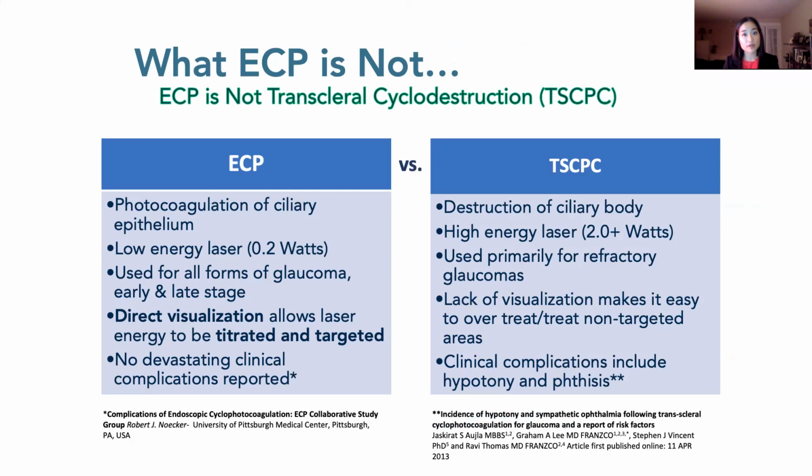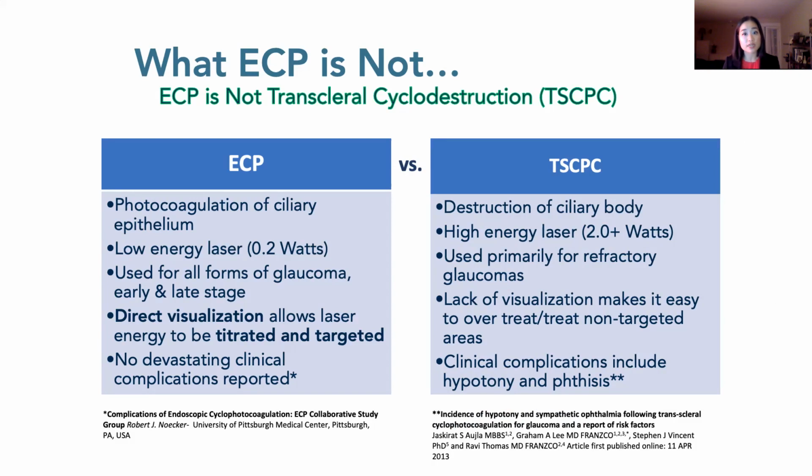All of us are familiar with the transscleral cyclophotocoagulation, which is often reserved for end-stage glaucoma patients who are resistant to other forms of therapy. The concept of an endoscopic cyclophotocoagulation is similar. It uses the same diode laser to target the ciliary processes to decrease the production of aqueous, leading to lower IOP.